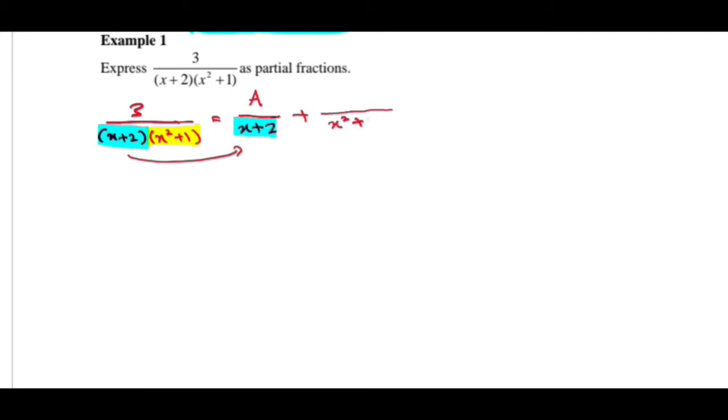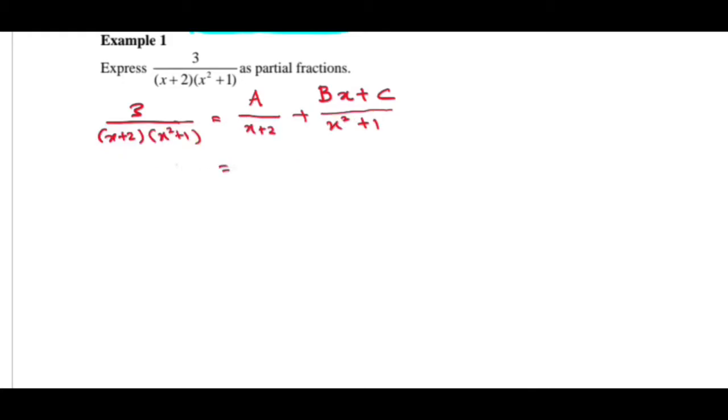Since you cannot factorize x squared plus 1, you just have to write down this as the other fraction. And then what you should write on top is, please make sure that the numerator must be 1 degree less than the denominator. So since the degree of the denominator is x squared, on top it must be linear. So make sure the linear is in the general linear form. So it is bx plus c.